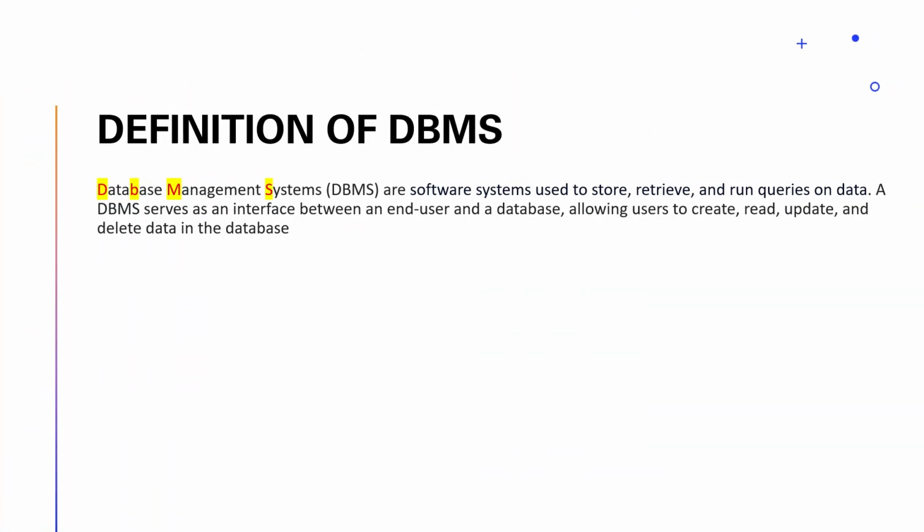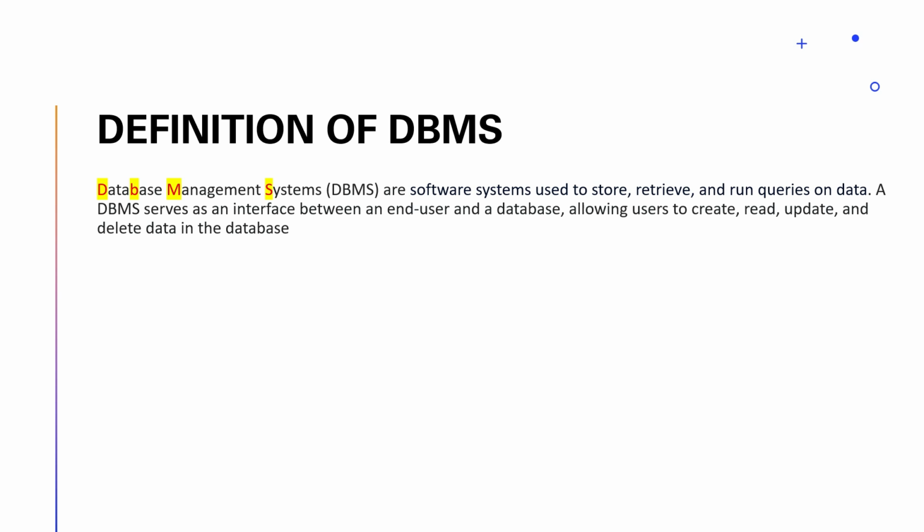What is DBMS? The definition says that DBMS, which is Database Management System, is the software system which is used to store, retrieve, and run queries on the data. A DBMS serves as an interface between an end user and a database, allowing users to create, read, update, and delete data in the database.